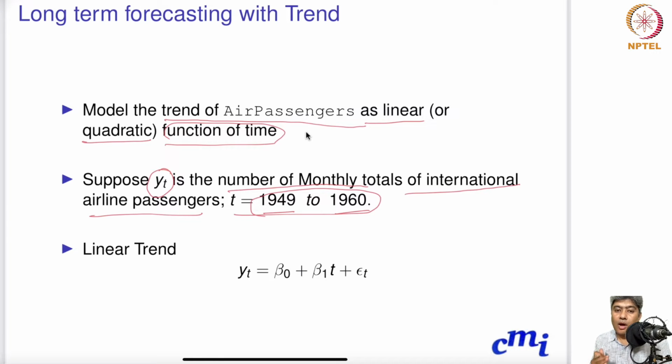Every month, how many international airline passengers traveled is reported. If we think there is a linear trend, we will just fit Y_t = beta_0 + beta_1 t + epsilon_t.